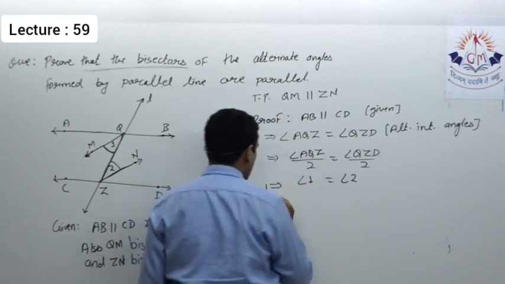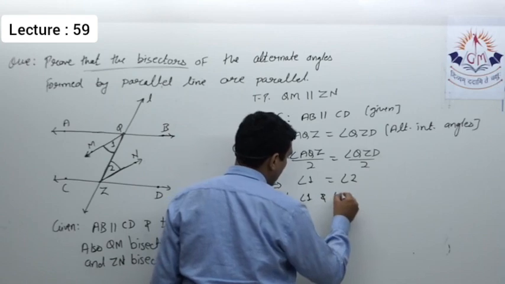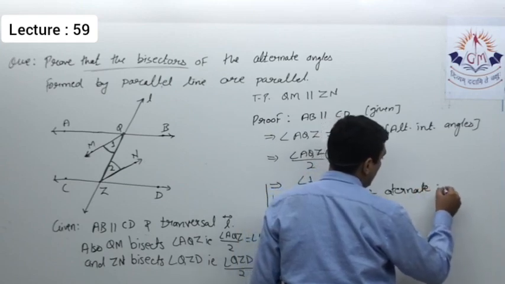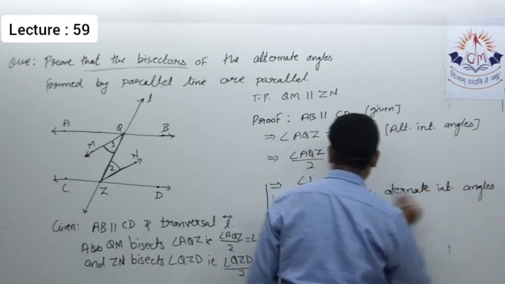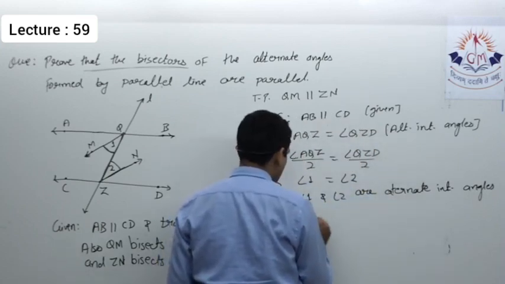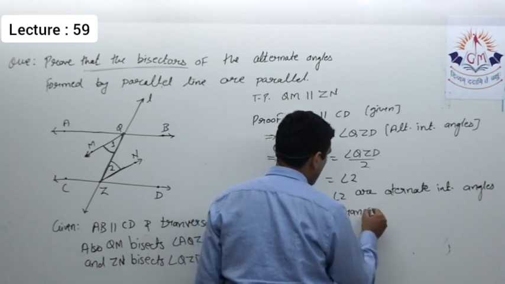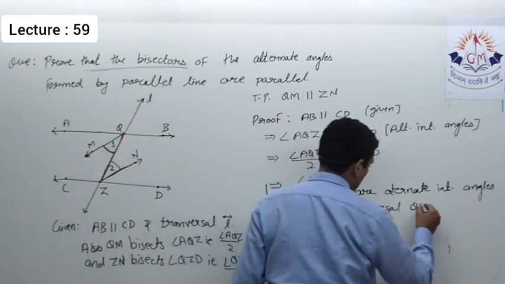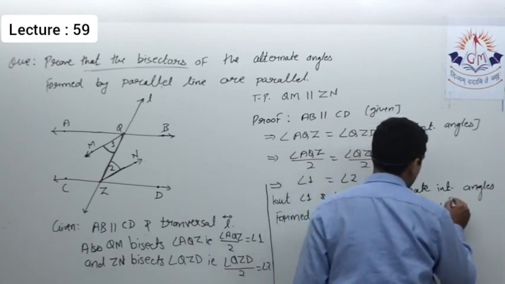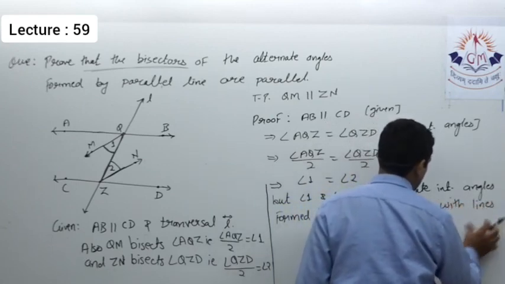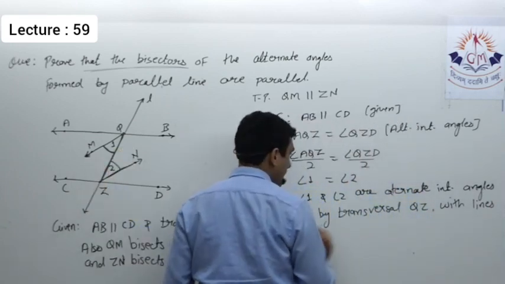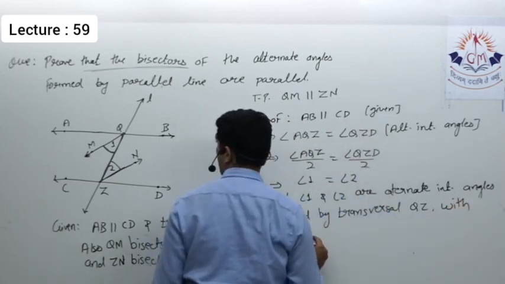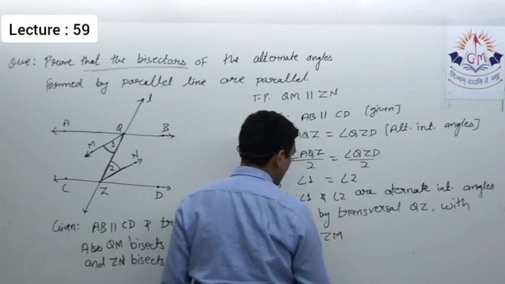So angle 1 and angle 2 are alternate interior angles formed by transversal QZ with lines QM and ZN.